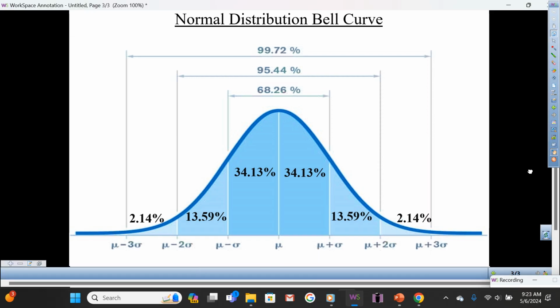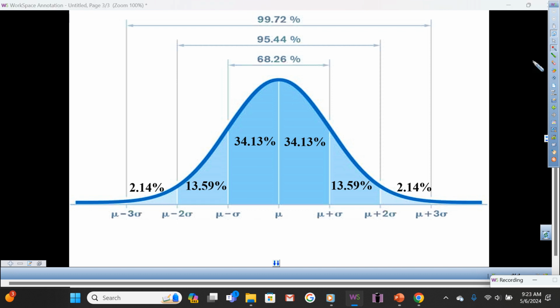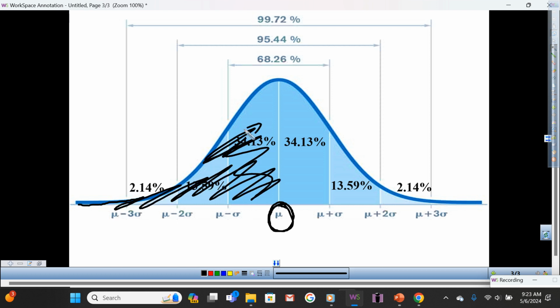Before we move on, just to make sure that we understand what we're looking at, here's mu. Look up. Here's mu. If I was to ask you what is the percentage of any score under the curve before mu, tell your neighbor what that is. What is the percentage before mu?